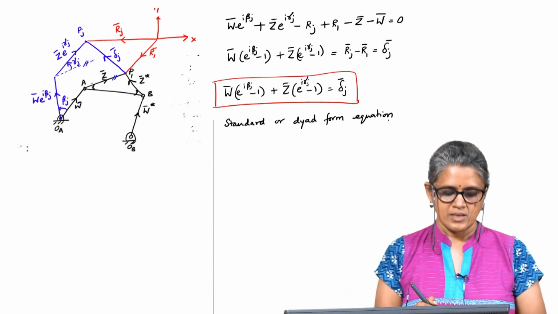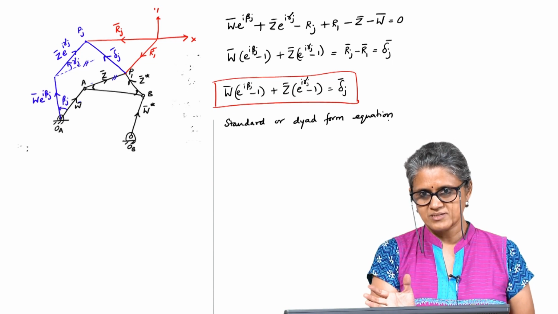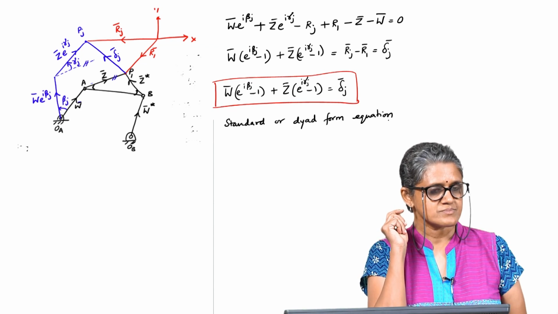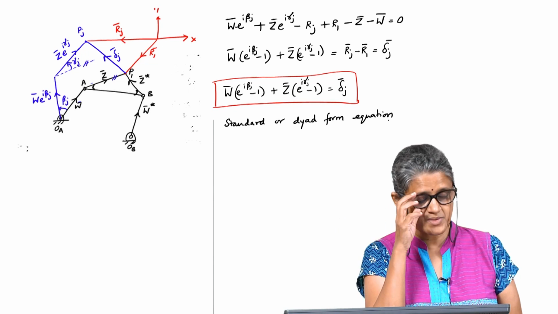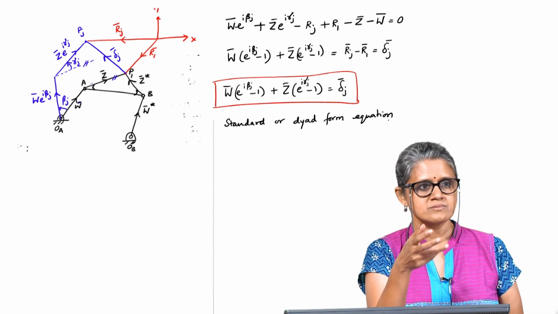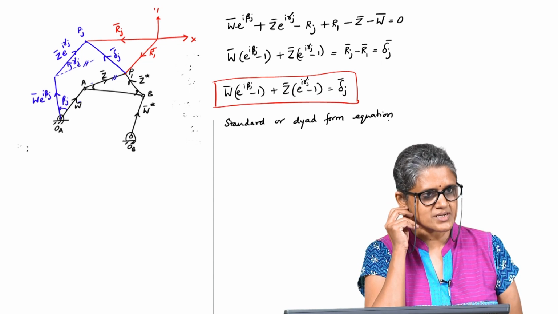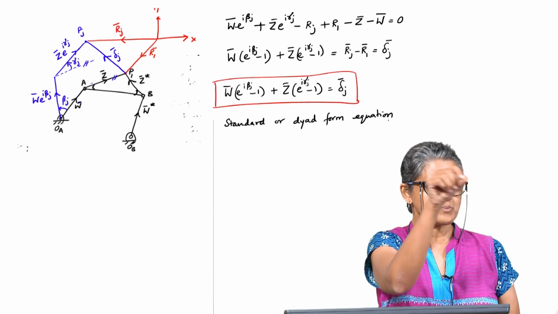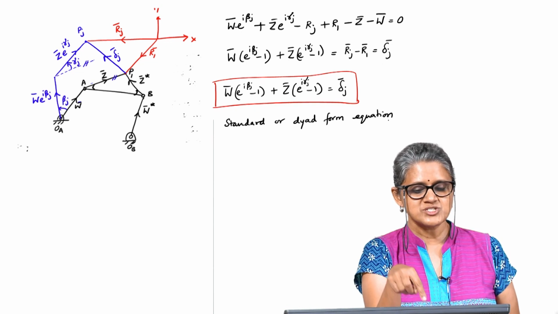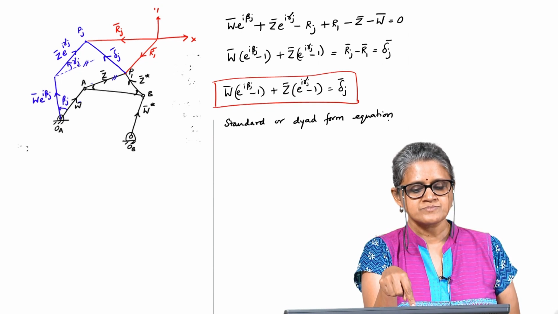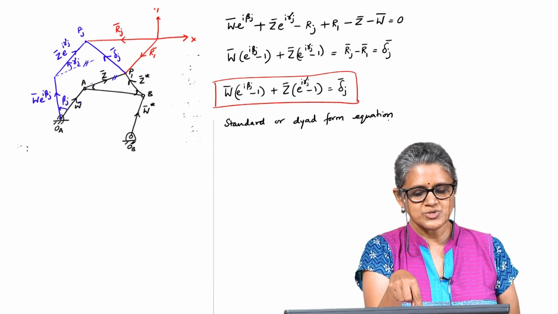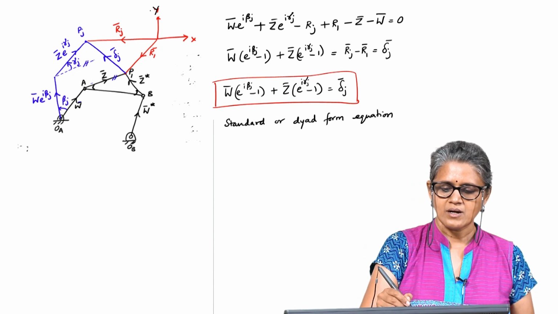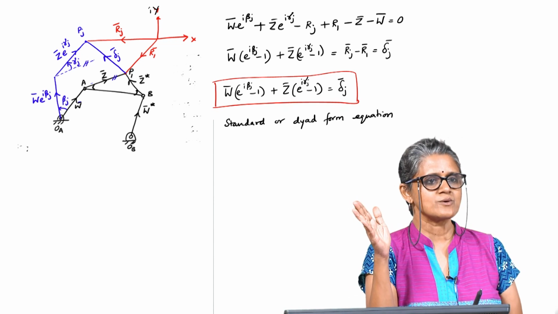Okay. The next class we will see how we can use this to construct and synthesize 4 bars for different types of functions, also different types of tasks: motion, path, function generation, etc. Because for the point P, if I say that the linkage has to hit those points, then I am giving you the positions of those points in my coordinate system.